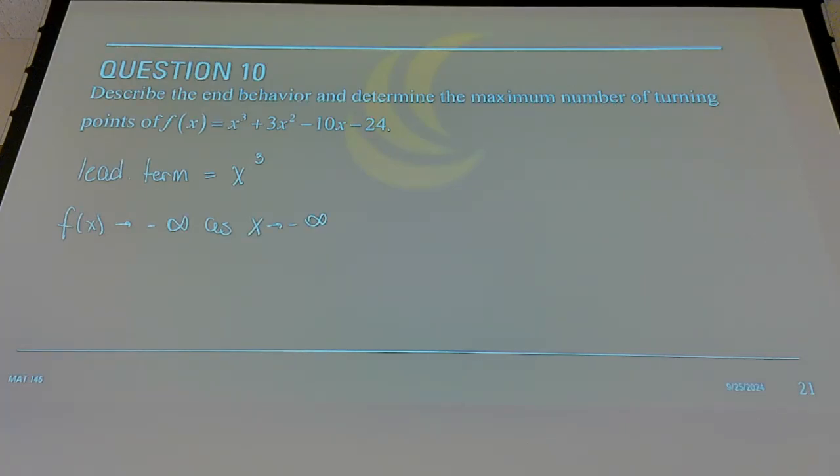What about on the right? What is the maximum number of turning points?